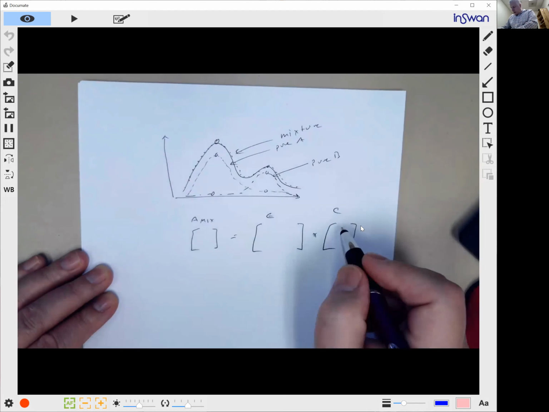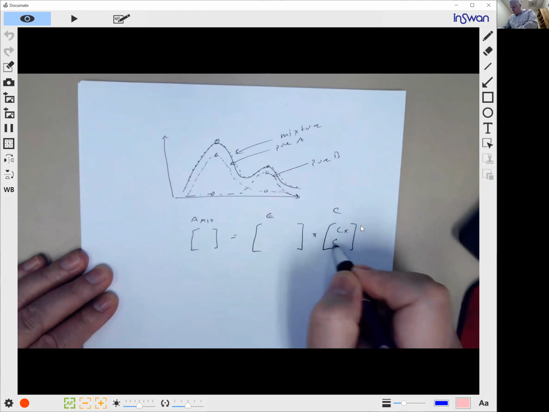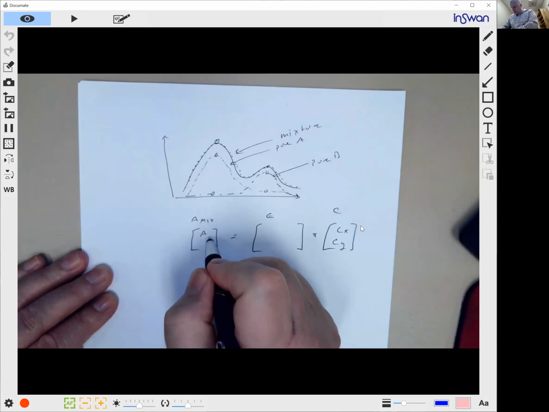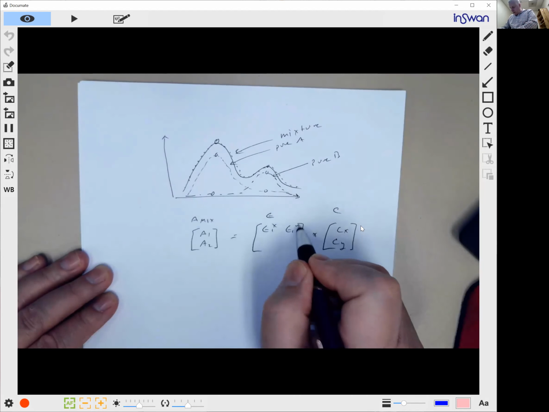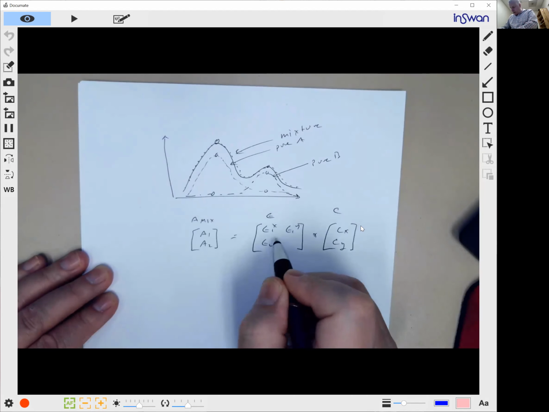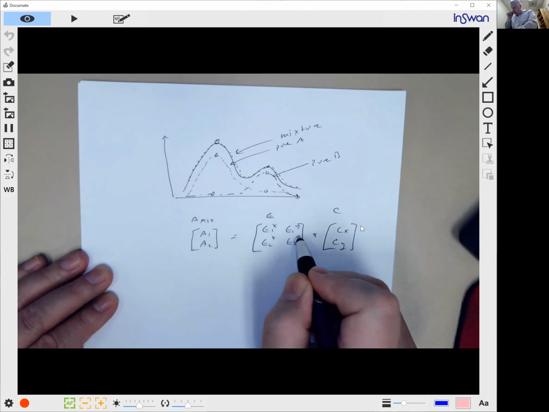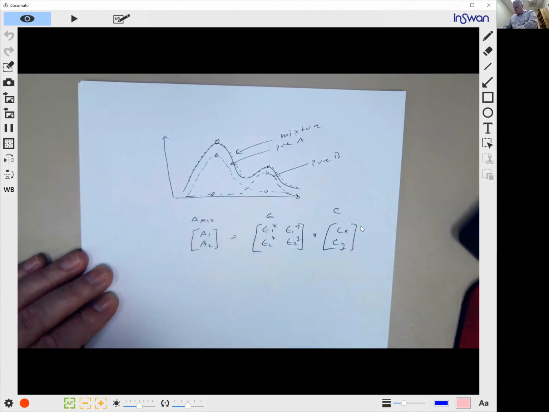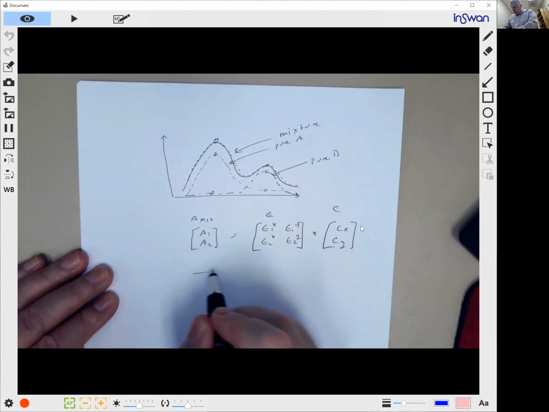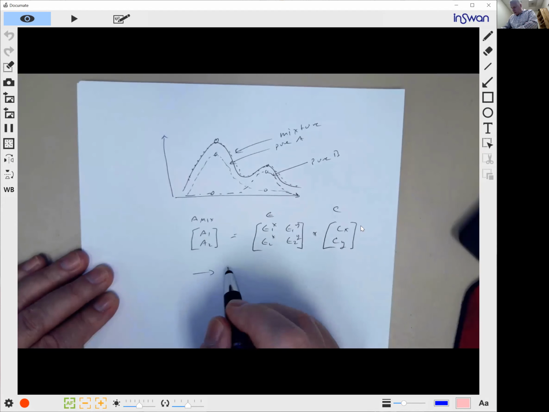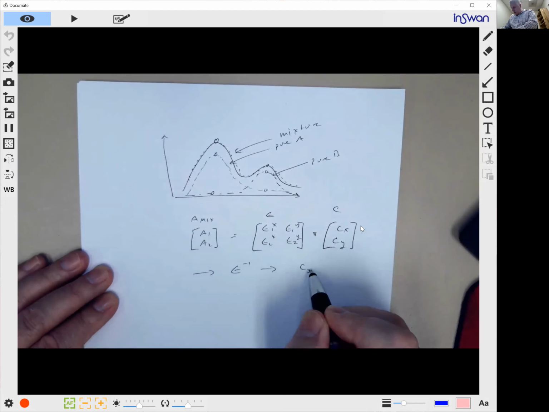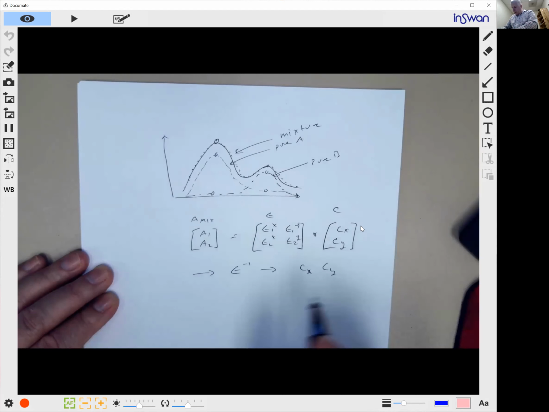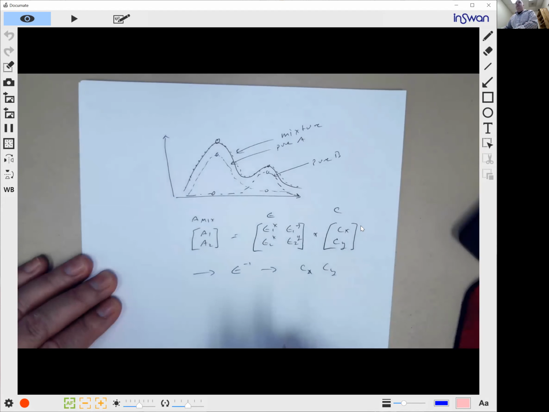This will be CX, CY. This will be A1, A2, and this will be epsilon 1X, epsilon 1Y, epsilon 2X, epsilon 2Y. You can solve this way, and if you can invert epsilon, this will give you CX and CY. But this is not the way this is typically done.